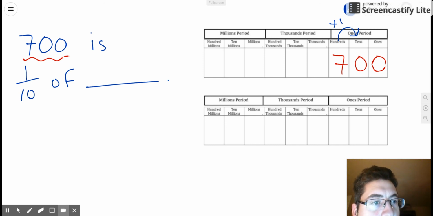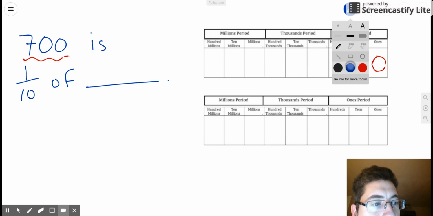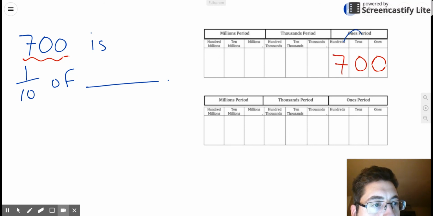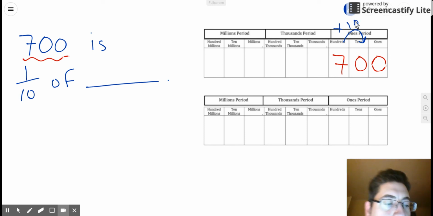I'm trying here, guys. Sorry about that. Running out of room. Whoops-a-daisy. That each place value position is 10 times greater than the place to its right. So the hundreds place is 10 times greater than the tens place.